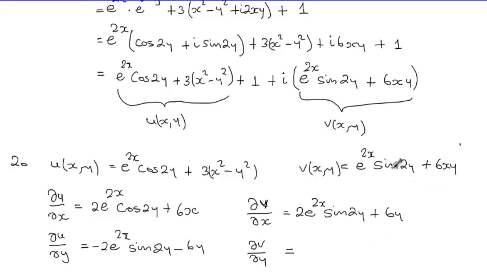Now we have that this is a constant. We're differentiating with respect to y, then the derivative of sine is cos, the derivative of the argument is 2, then we're going to have 2e to the power 2x cosine 2y plus, with respect to y here, we're going to have 6x.